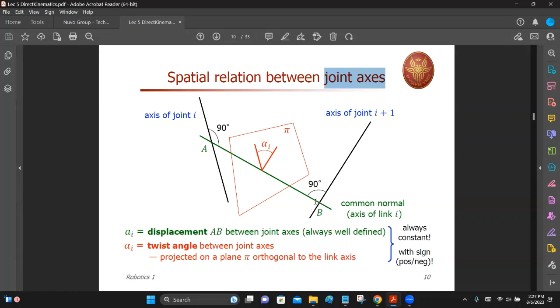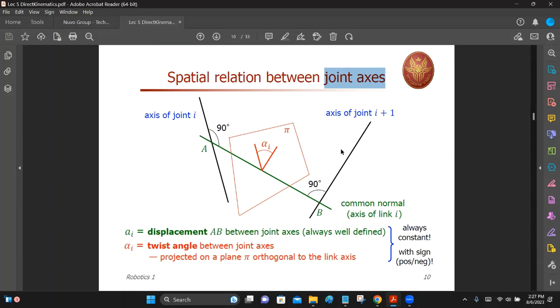Also, you can see in this particular diagram that the two axes are not parallel to each other. Therefore, there's a certain angle between them, and the name given is alpha I. This is link I. It has twisted from its lower end to its upper end, and we give the name alpha to that twist. It's an important parameter of each link.